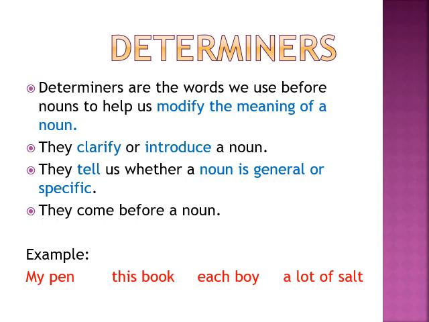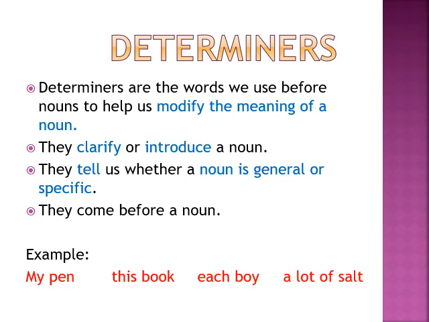Now if I say my pen, the determiner is telling me that the pen belongs to me. And if I use pen, then it can be any pen. Similarly, if I use the word book, then the book can be any book. But if I use this in front of it, this is a determiner. So if I use this book, then I am pointing out a specific book.